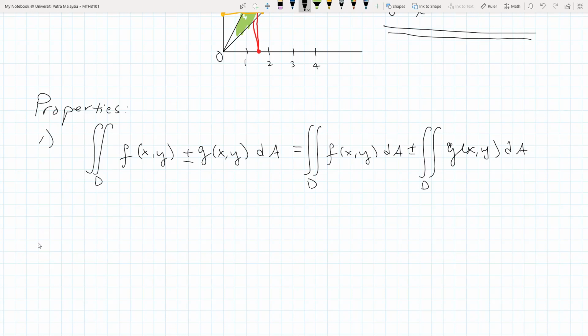And then linear properties yang kedua pula, if you have a constant, let's say use alpha, alpha fxy dA. So alpha is constant, so you can just take out alpha outside the integration.